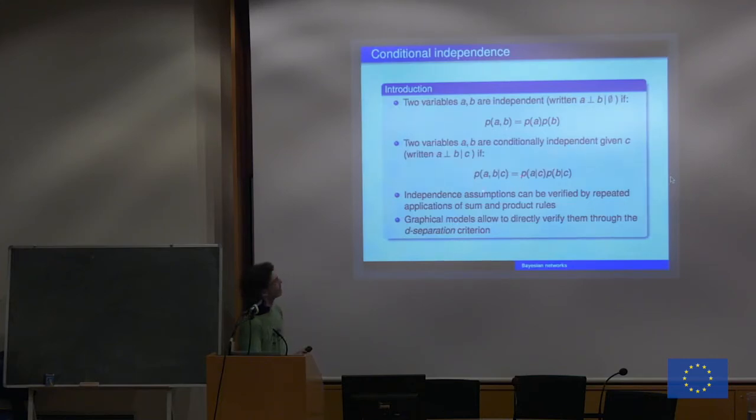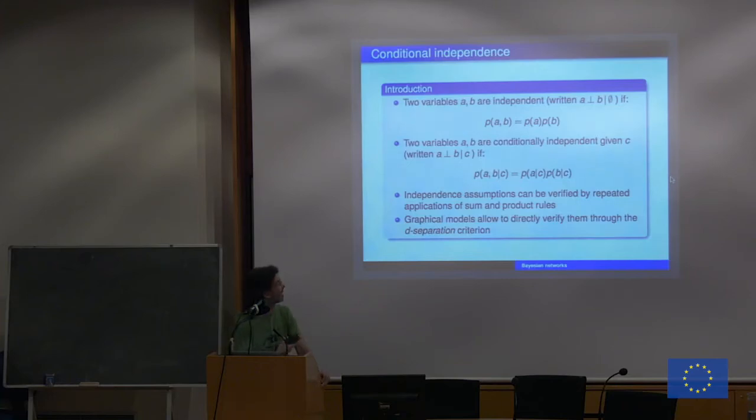So you take a Bayesian network, you see how it decomposes in terms of nodes given parents, and you say, okay, let's suppose C is observed. What about A and B? Do they decompose as A given C times B given C or not? Okay. Now this is true, but it's pretty complex for large networks.